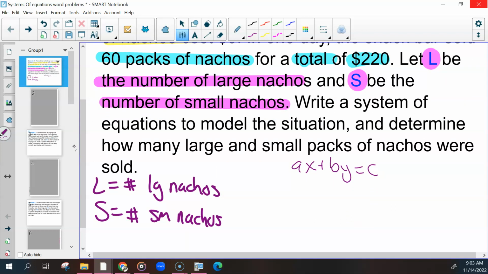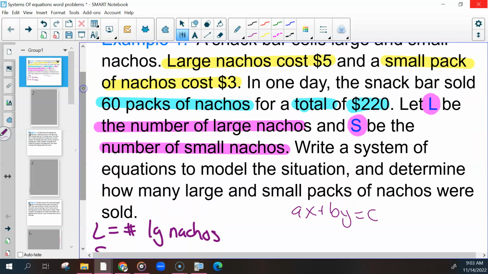So knowing that information, how would we write or start writing one of our equations? Looking at the costs, looking at the variables we have. That's a good question.